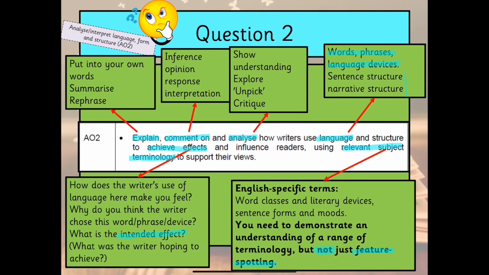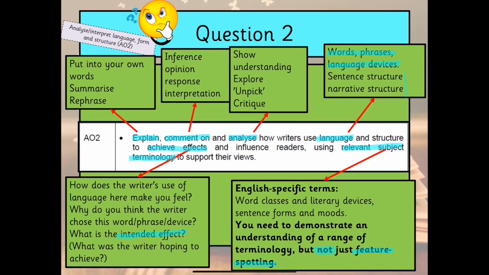The marks actually come from the link that you make between the subject terminology and the effect it creates. The exam board are interested to see that you are recognising patterns in the English language and you're recognising the methods the writer uses, but they are not interested in you just showing off how many terms you have learned off by heart and how many you can regurgitate in 10 minutes.